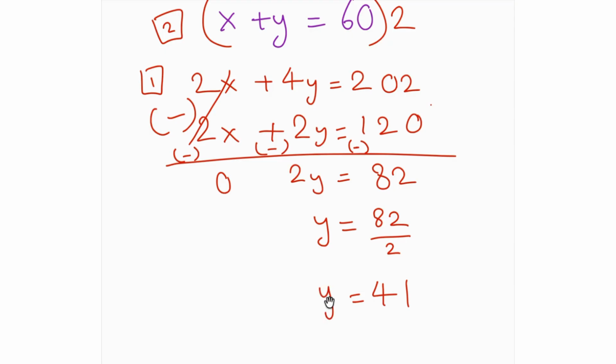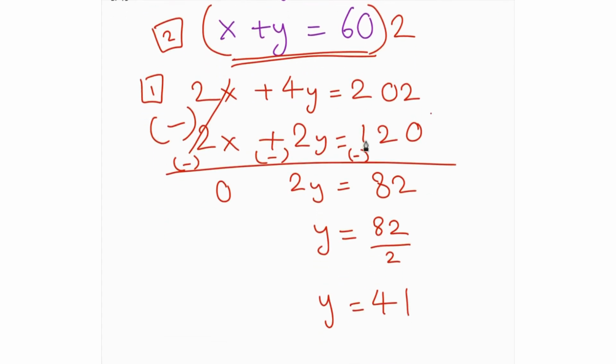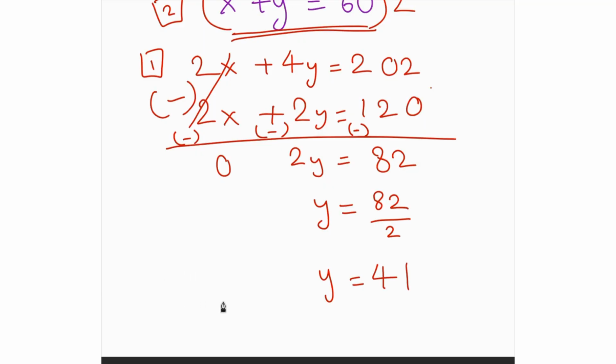Now we need to find out x. Take one of these equations. You can take either of them, but I would recommend taking this one. Of course, you can get your answer more quickly. So x, let me write it here. x plus y equals 60. We have x plus 41 equals 60.